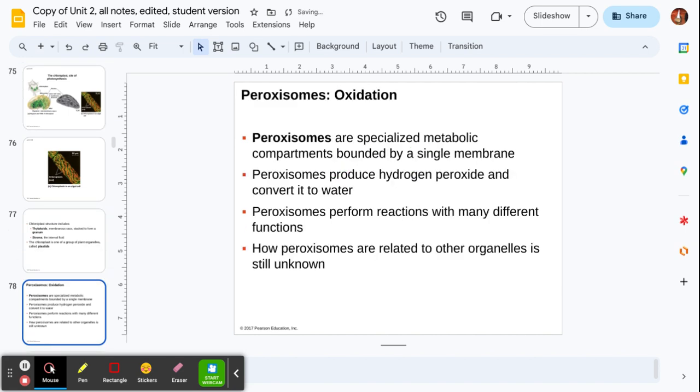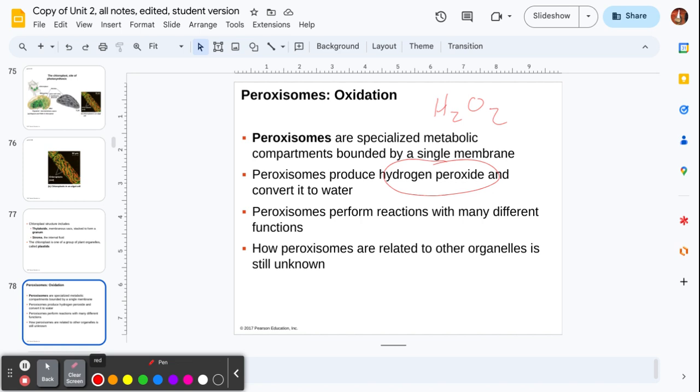All right. Another organelle that doesn't get talked about very much is peroxisomes, which are specific organelles that have one membrane around them, so they don't have two membranes. And their job is, this is kind of weird, but our body, in the process of performing cell respiration, will produce this chemical that you've probably seen in the drugstore or used, H2O2, which is hydrogen peroxide.